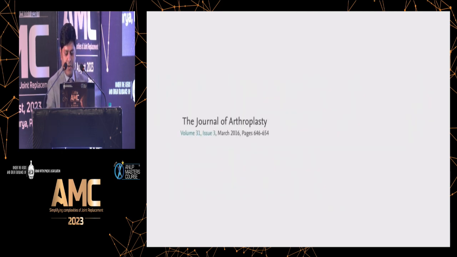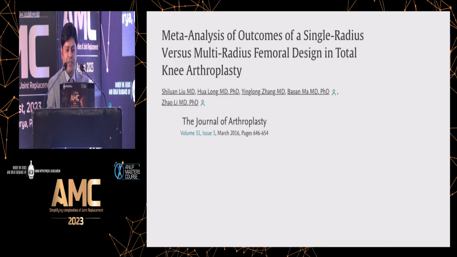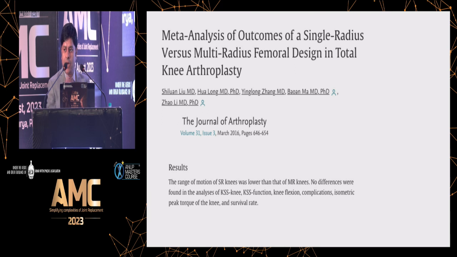So I pulled out a little bit of literature: a meta-analysis of the outcome of single radius knee versus multiple radius knee, done in 2016. To put things into perspective, the first popular knee, designed around 1971, was a multiple radius knee.